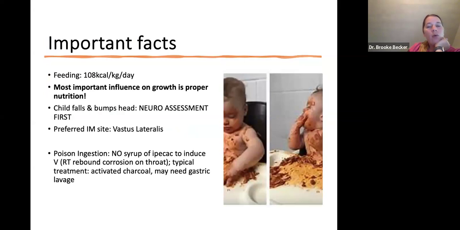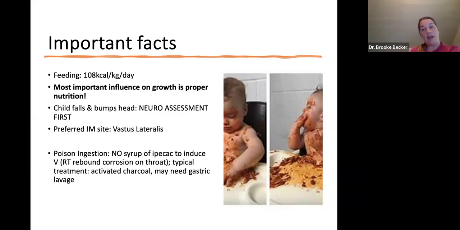So remember, for growth and development, you have to have proper nutrition. To figure out how many calories kids need, it's 108 kilocalories per kilogram per day. That's to ensure that they're growing properly. If you're doing their growth charts and they're starting to drop off, it's important to talk with parents about how much they're eating and whether they're getting enough calories to grow appropriately.